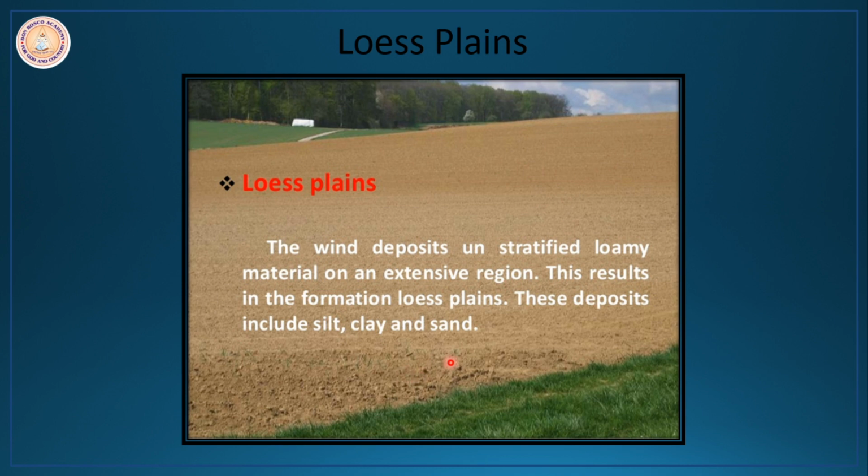It is carried by winds from barren interior areas of deserts and deposited along the margins of the deserts. Or it can also be deposited along the banks of the rivers. Northwest China, western Rajasthan and western parts of USA are the areas where loess plains have been formed extensively.